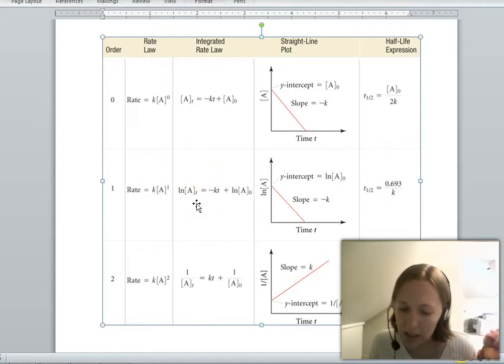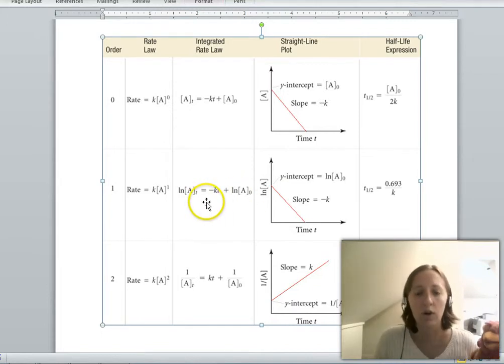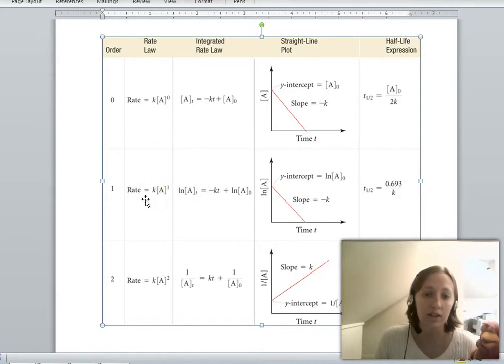So given concentration and time, we need to find k. So our choices are the differential or the integrated, and since we're given time and concentration, the integrated rate law is going to work here, whereas the differential rate law won't work yet because we don't have rate or k. All we have is concentration.